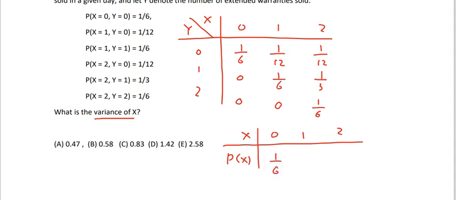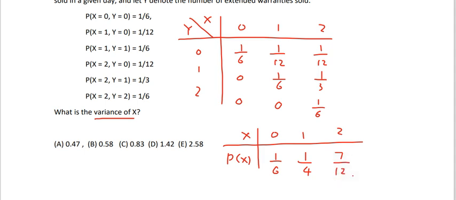And then x equal 1 is 1 over 12 plus 1 over 6, and we find this equals 1 over 4. And so x equal 2, we just add these three, right? 1 over 12 plus 1 over 3 plus 1 over 6. We find this equals 7 over 12.